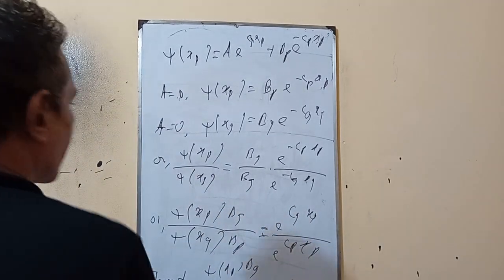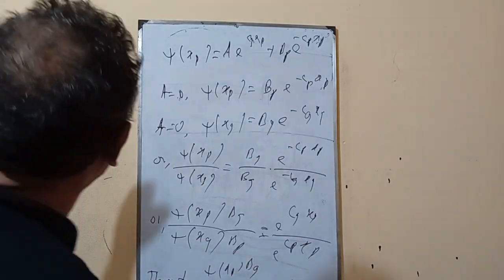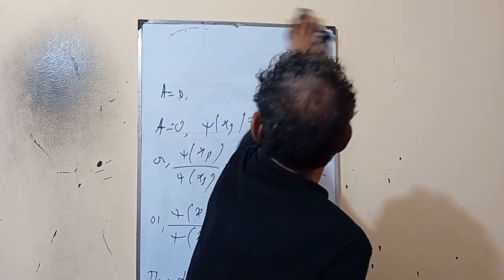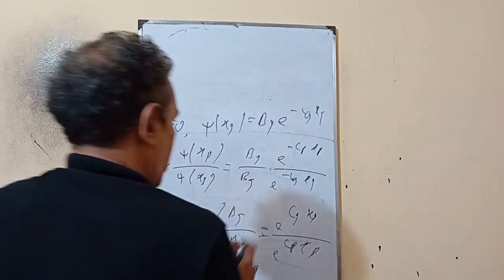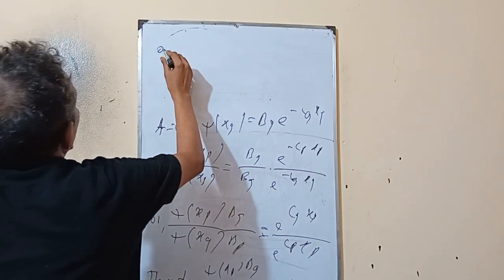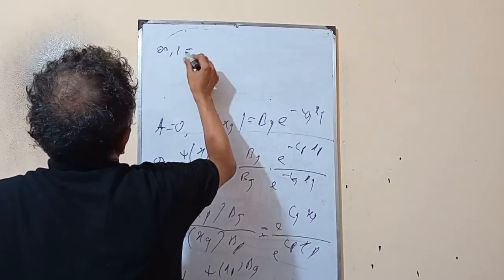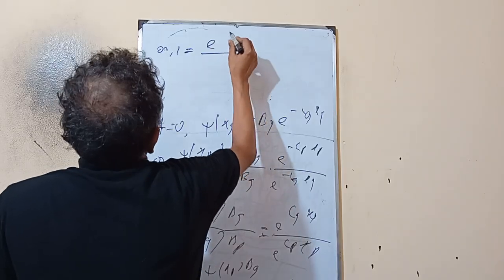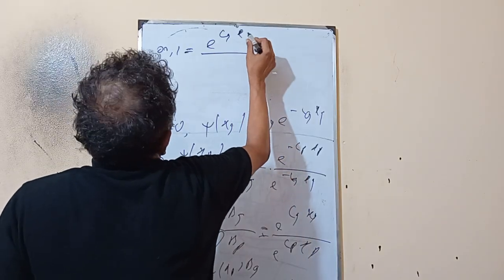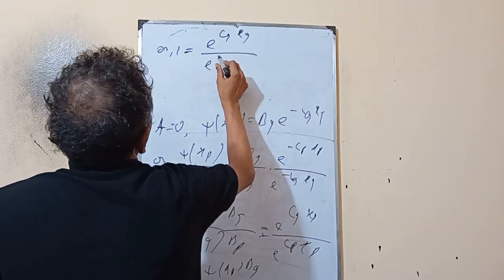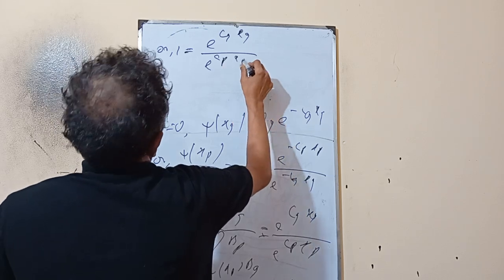Approximately 1. Okay. Now we have to calculate situation 1 is equal to E CZ XZ, E CP XP.